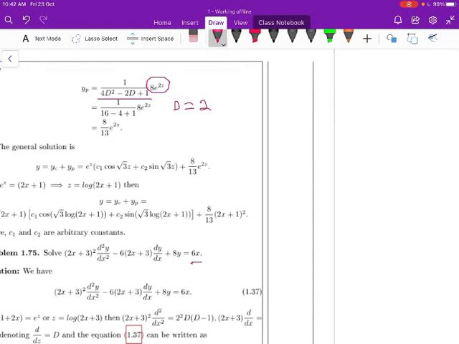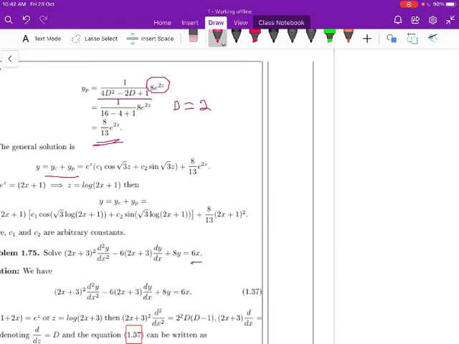See that the denominator should not be 0. If it is 0, we study further. You take D equal to 2 here. So 4 into 4 is 16, minus 2 into 2 is 4, plus 1, so that is 8 by 13 into e power 2z. So this is the particular integral of the given differential equation.